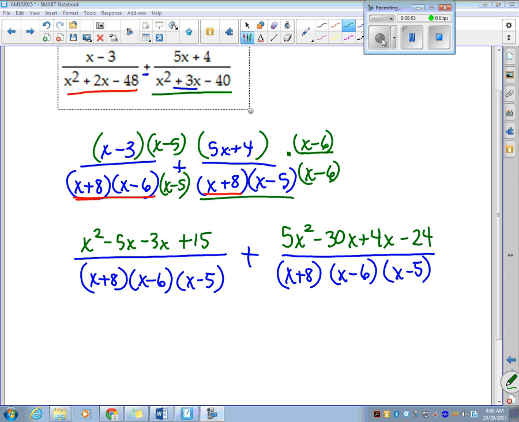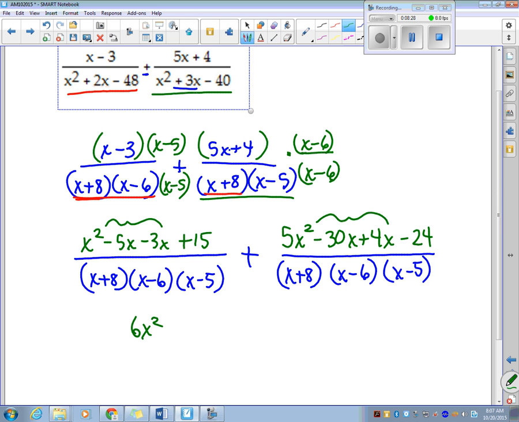So, like terms, x squared and 5x squared give me 6x squared. Negative 5x and negative 3x is negative 8x, but I've got a couple more over here. So I'm really going to put all the x's together. So these two terms and these two terms. So that's 26 and negative 8. What is that, 18x?